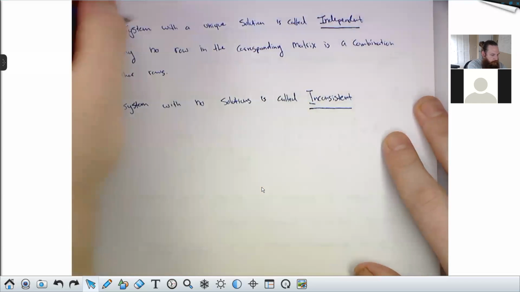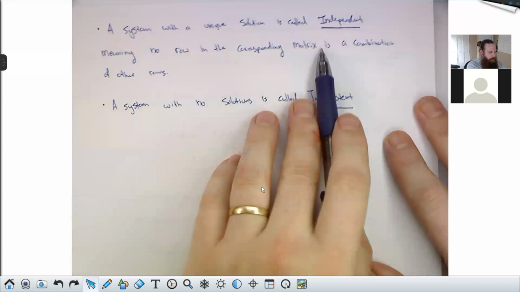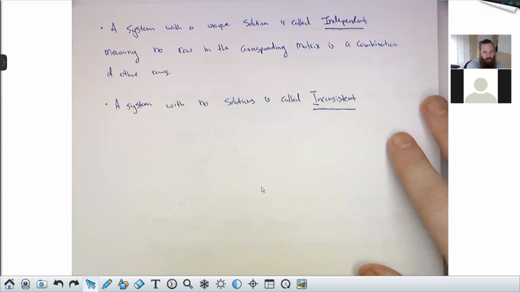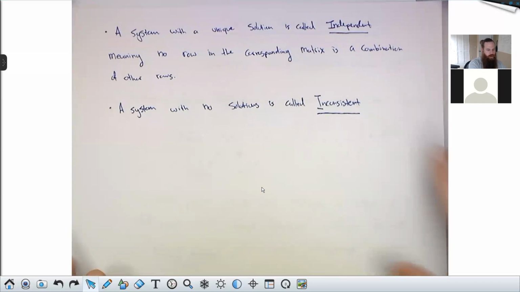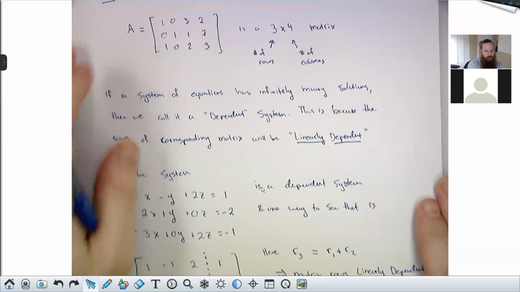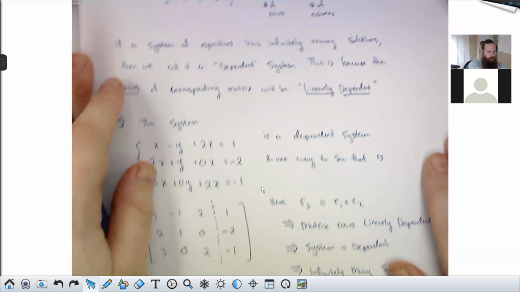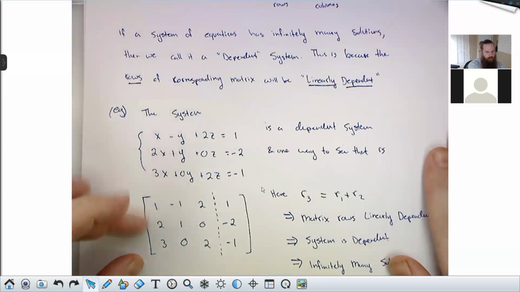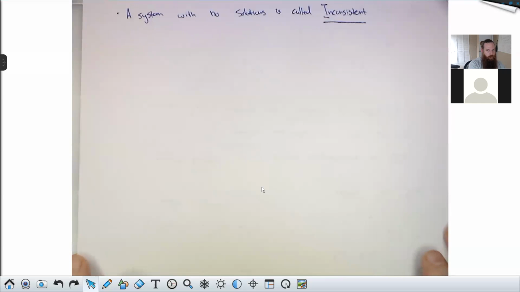Independent is a system with a unique solution, and it corresponds to a matrix where all the rows are linearly independent. A dependent system is one that has infinitely many solutions, and it corresponds to a matrix whose rows can be used to build up the other rows. And an inconsistent system is one where you can row reduce the matrix to something like 0 equals 5.